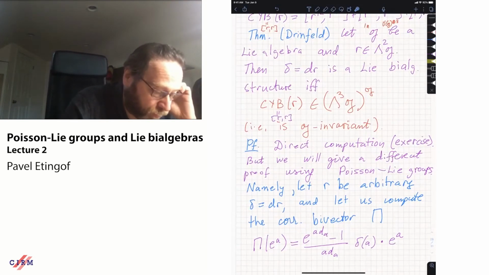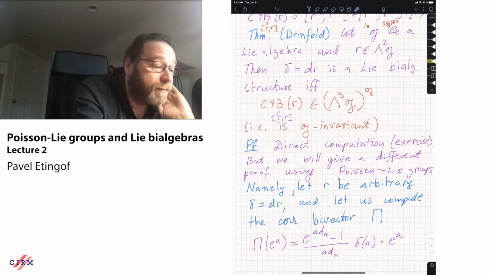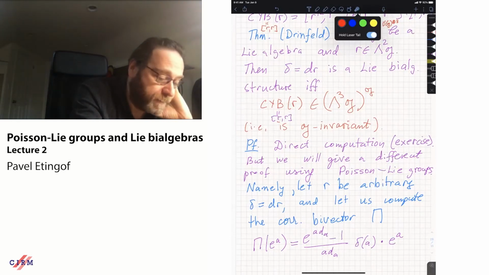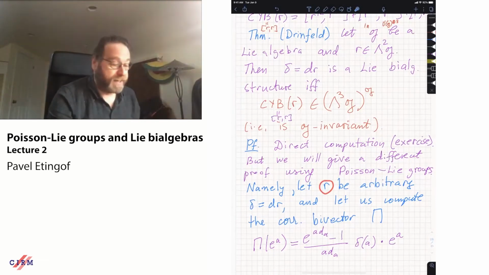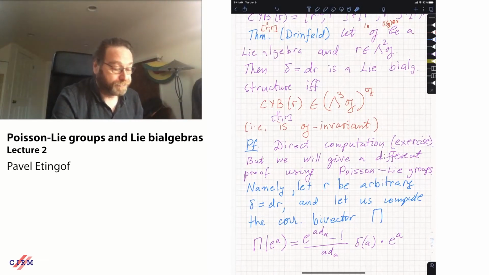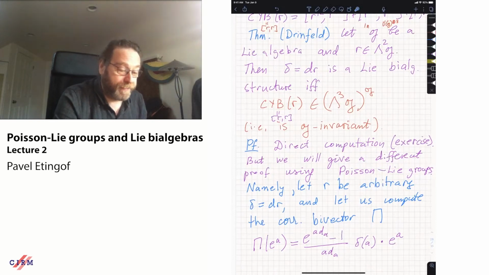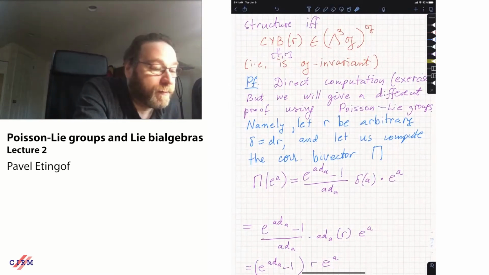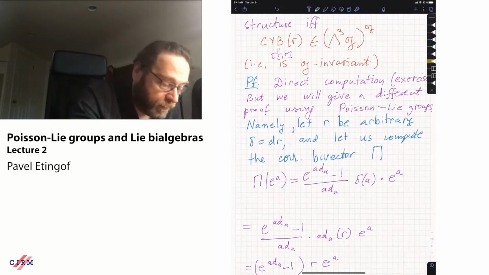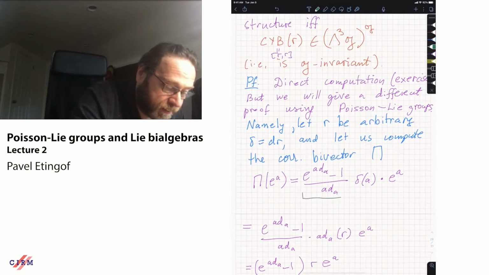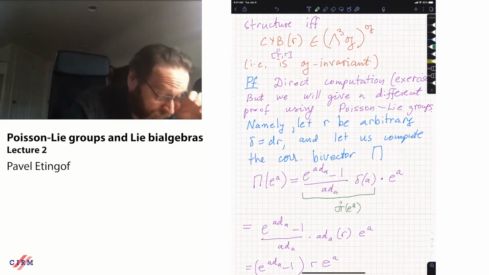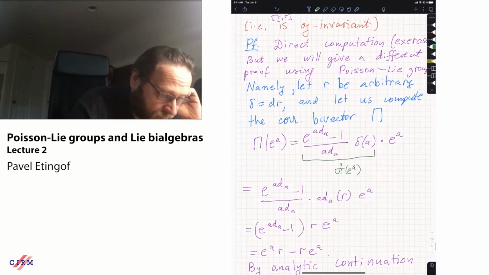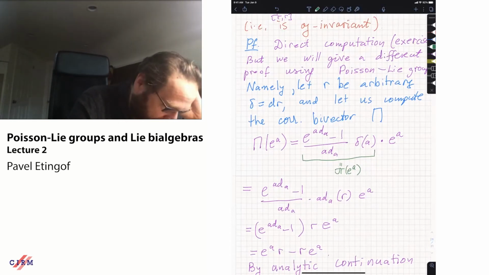So here is the proof. Suppose R is an arbitrary tensor, like I said, in wedge 2 of G, and suppose delta is the differential of R. Let's compute the corresponding bivector pi. Remember that we had this explicit formula: this thing is little pi of e to the a. Then big pi of e to the a is obtained by spreading this by right translation.